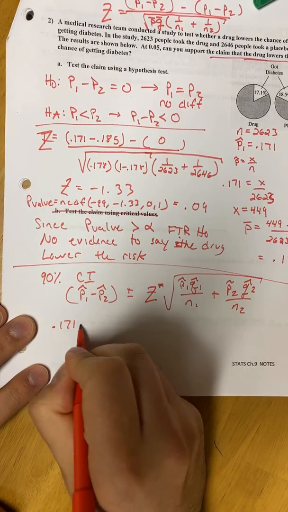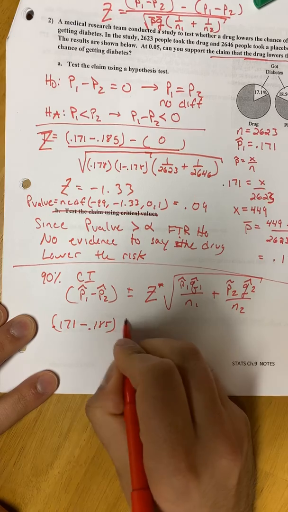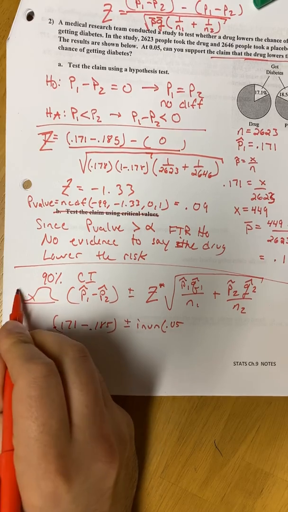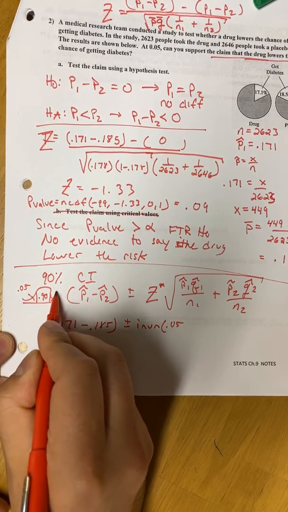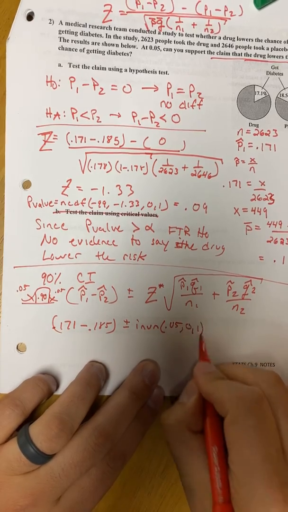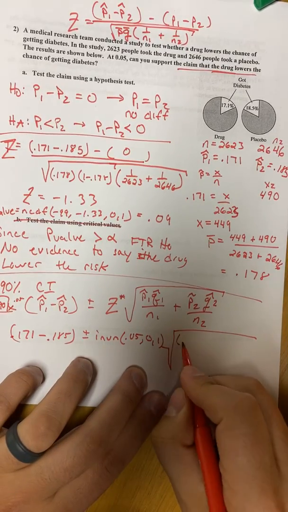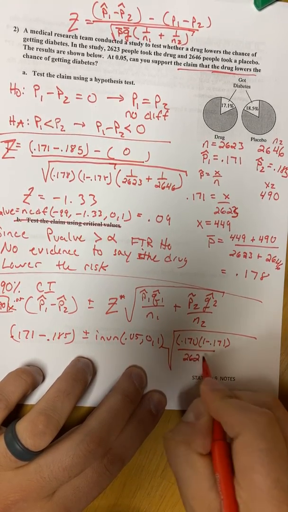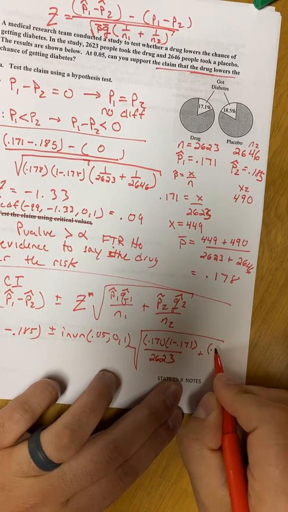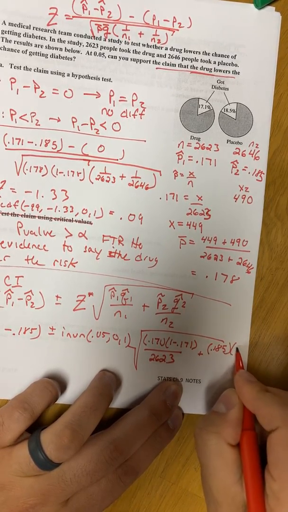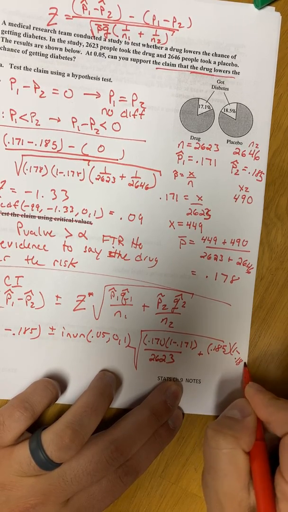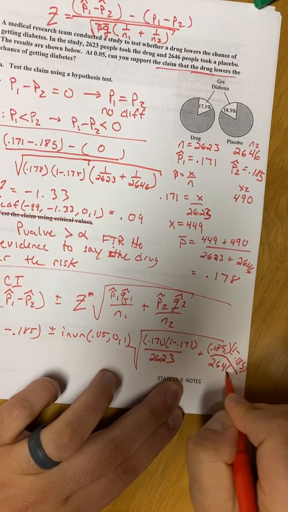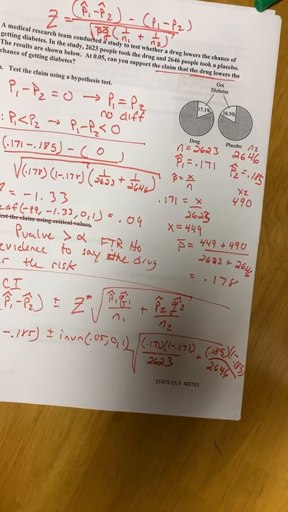So 0.171 minus 0.185 plus or minus inverse norm 0.05 because it's 90%, times 0.171, 1 minus 0.171 over 2623, plus 0.185, 1 minus 0.185 over 2646. No way am I doing that by hand.